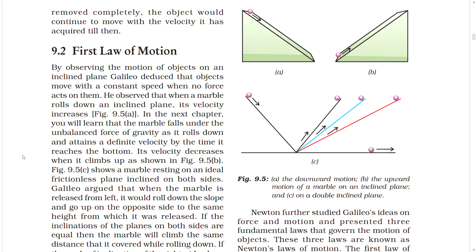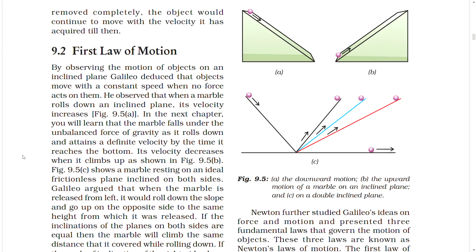Figure C shows a marble resting on an ideal frictionless plane inclined on both sides. Galileo argued that when the marble is released from left, it would roll down the slope and go up on the opposite side to the same height from which it was released.